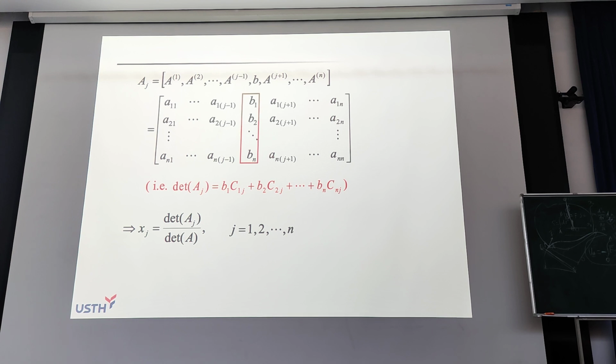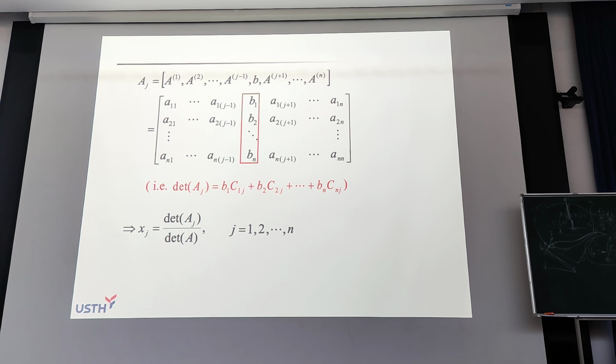Then, if you calculate determinant of Aj along the j-th column, determinant of Aj will be that one.